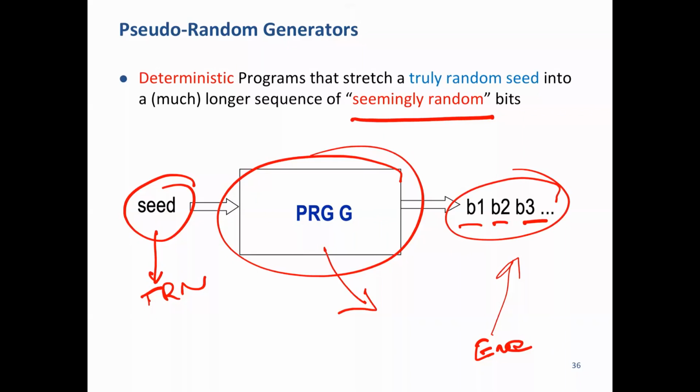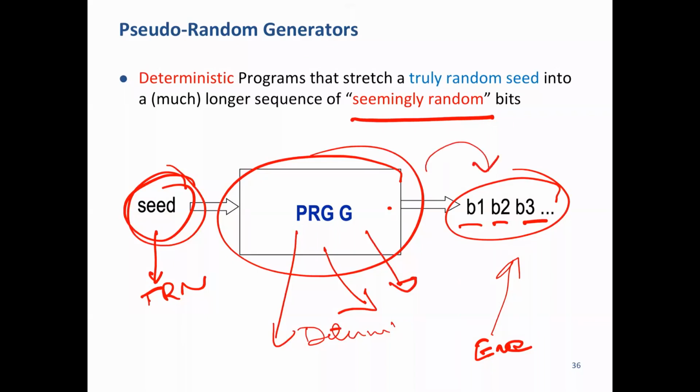But note, any programming that you do is deterministic. If you run the same program 10 times, you get the same answer. So this program logic has to be intelligent enough such that from a true random number, which is the seed, you generate a sequence of bits which looks random. That's it. That's the game.